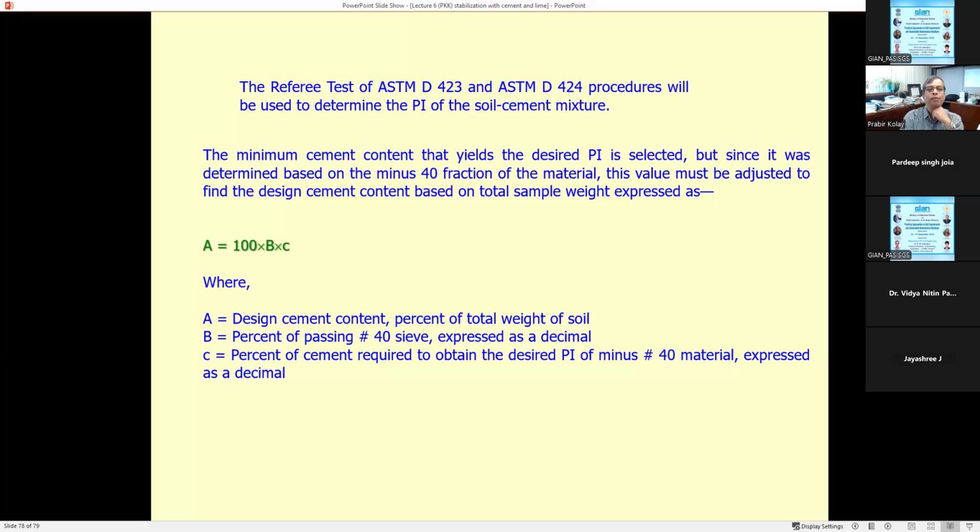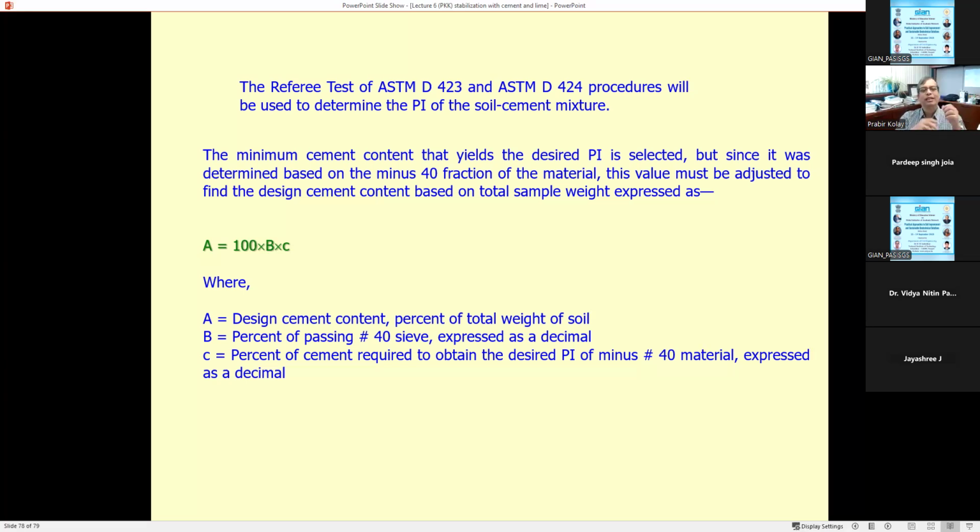I have not explained in much detail the reactions of the other stabilizers. I just mentioned the very basic things: what is happening, what the tests are, the chemical combination you need to do, and also the particle size and liquid limit tests. You see the chart, you can easily calculate, and the pH test you need to do.